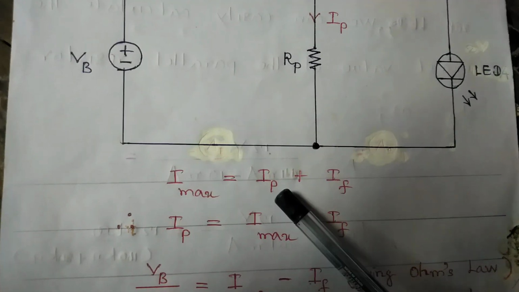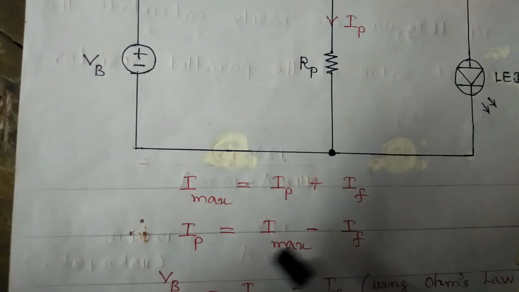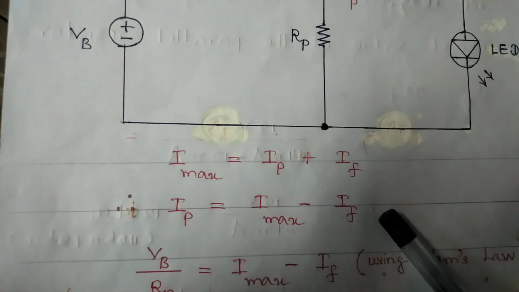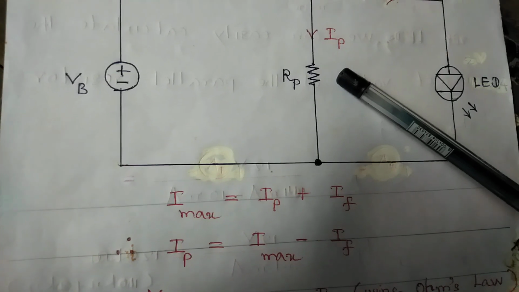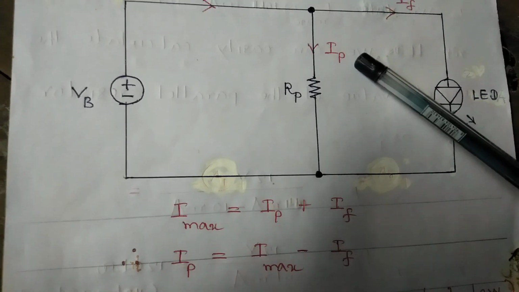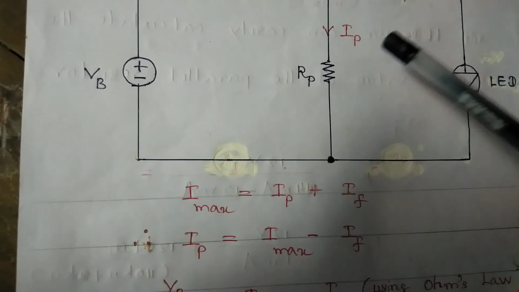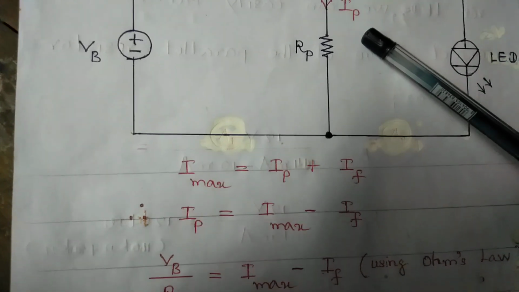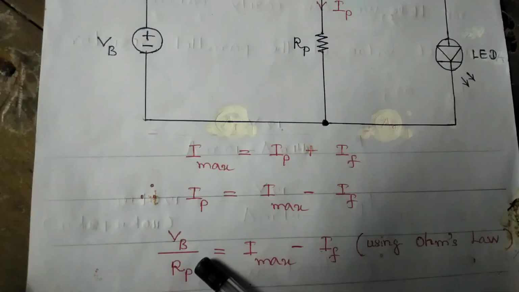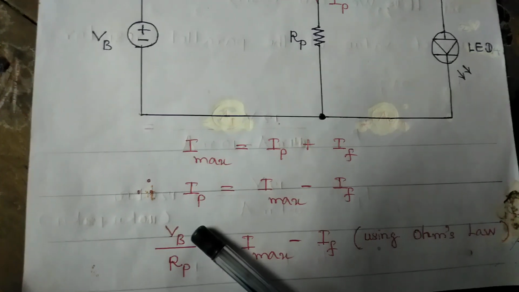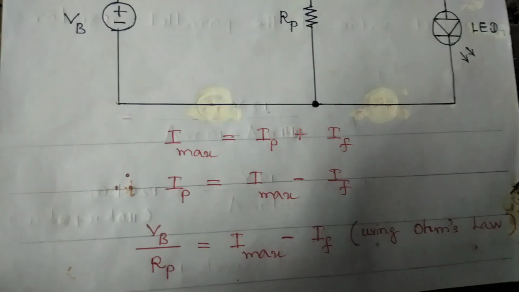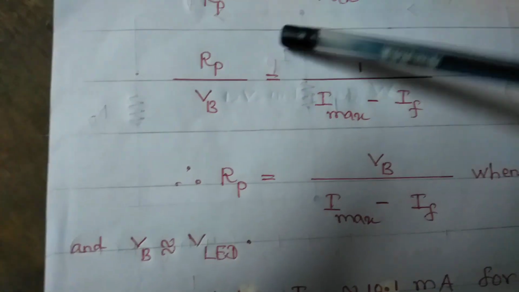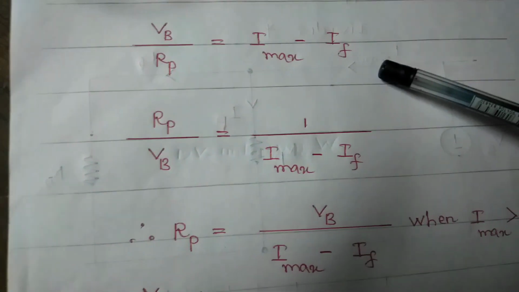And so if we solve for IP, we obtain IP equals Imax minus IF. If we apply Ohm's law to this resistor RP, we have IP equals VB divided by RP. If we replace this formula for IP, we have VB divided by RP equals Imax minus IF.